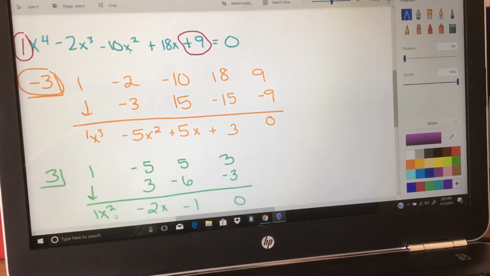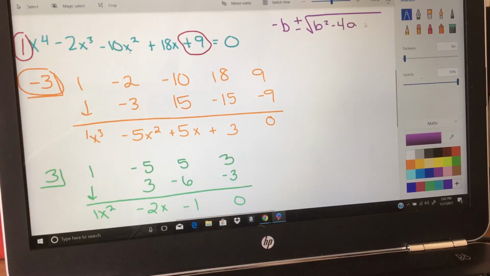The quadratic formula, remember, is negative b plus or minus the square root of b squared minus 4ac, all over 2a. So we're going to go ahead and do this calculation. Our b is negative 2, so negative b makes a positive 2.